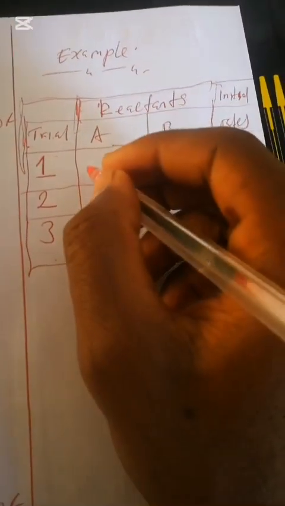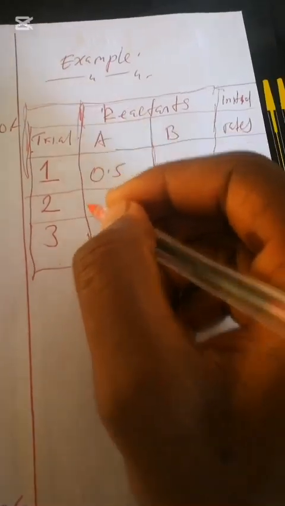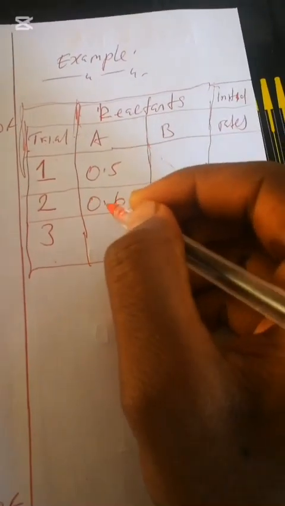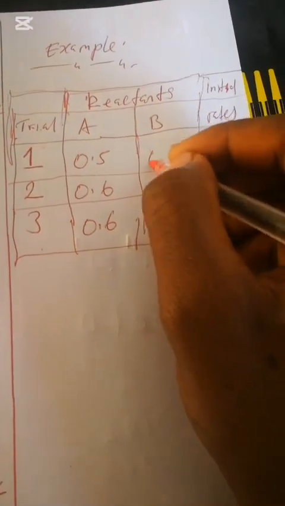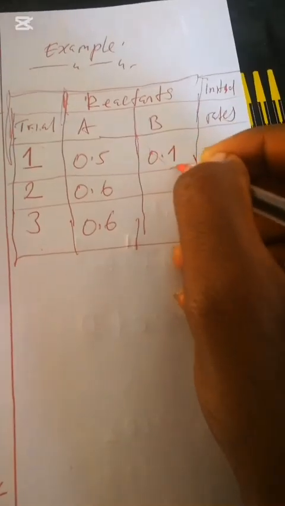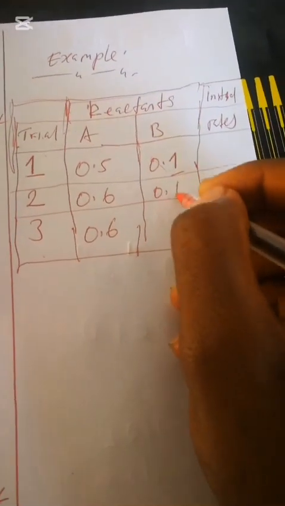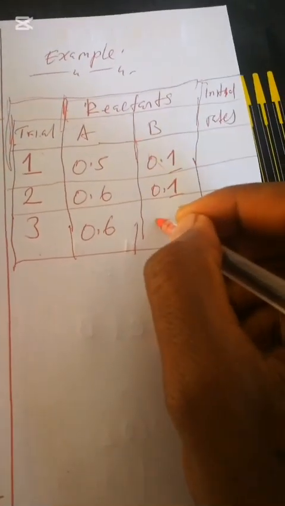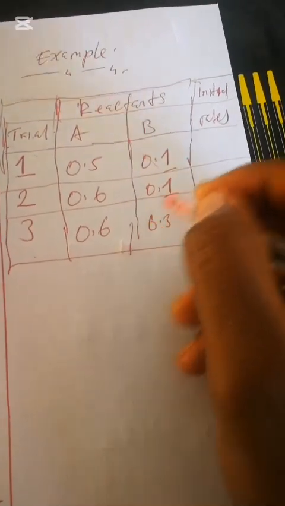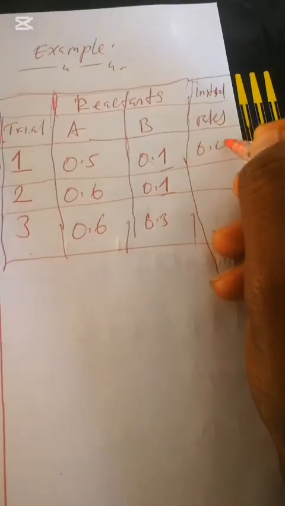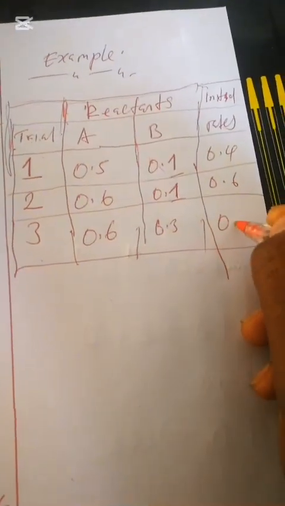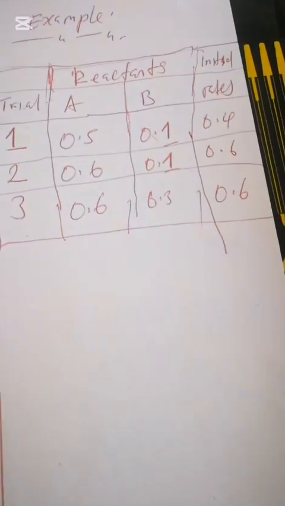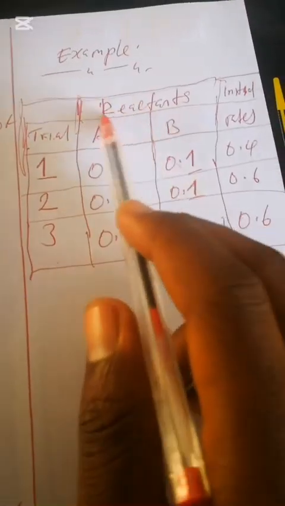So for A, first 0.5, second 0.6, third 0.6, and here 0.1, 0.1, then 0.13, also 0.4, 0.6, 0.6. So it has reactants.